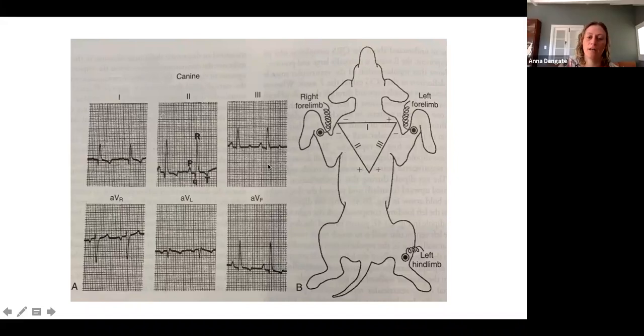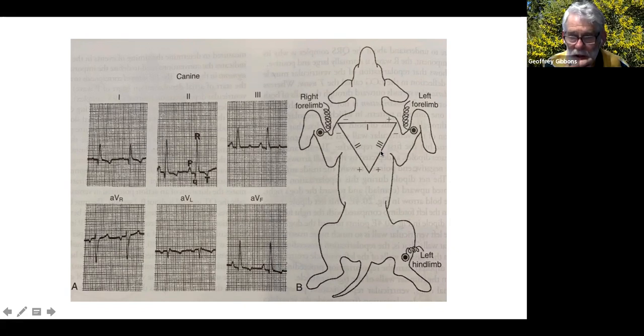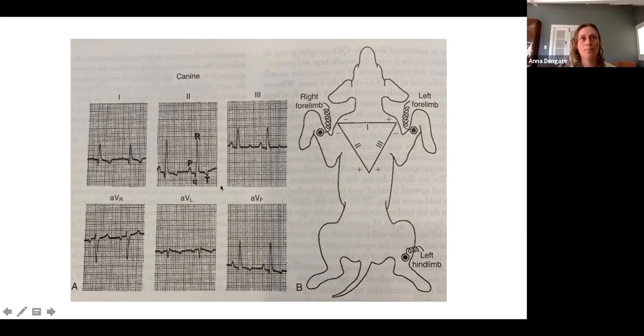What about if you've got a VPC arising on the left-hand side of the heart, just in the myocardium? It should be more obvious in lead 3. Will it go down first or up first?